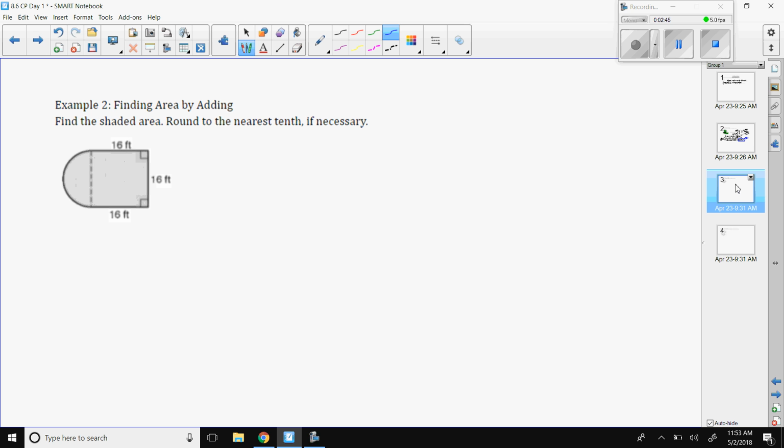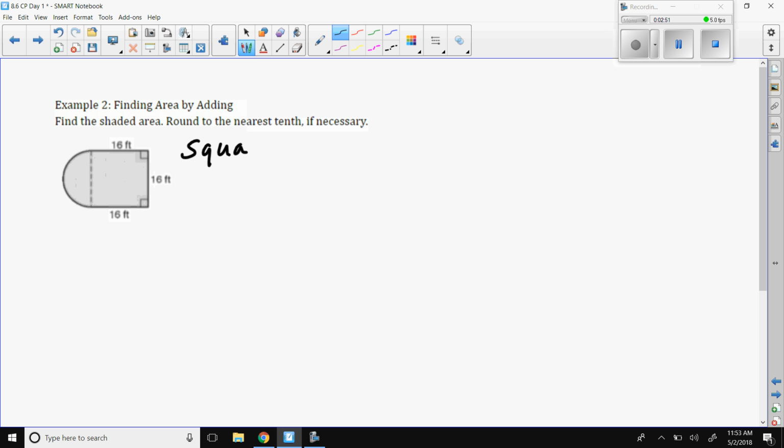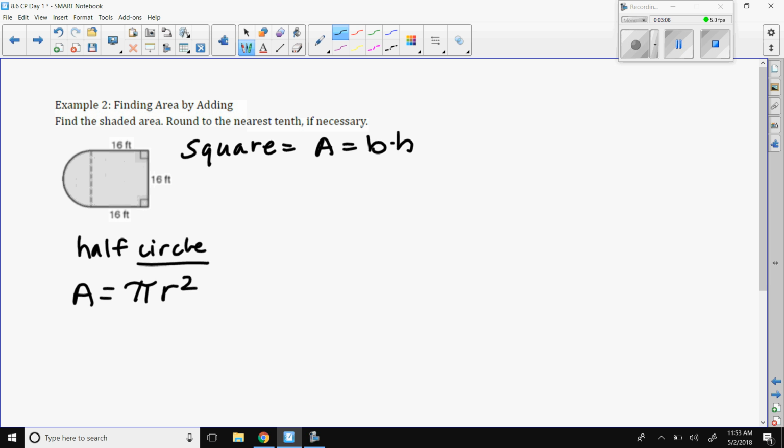Okay, look at another example. We want to find the area of this shaded region. I see that I have two shapes. I have a square, which is going to be area equals base times height. And then I also have a half circle. And the circle is important. That's the important part. I want area equals pi r squared.